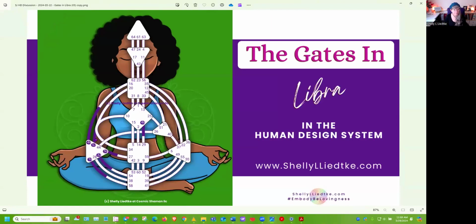It's right here next to the gate 48 at the top of the spleen center. And so it helps us pay attention to our first intuitive impression when we first meet anyone or anything or enter a situation, and helps us integrate that.